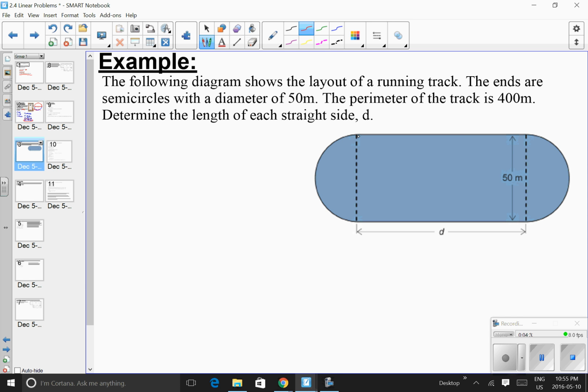So I know the full distance is 400. I want us to take a look at this. This is a semicircle here, and this is a semicircle here.